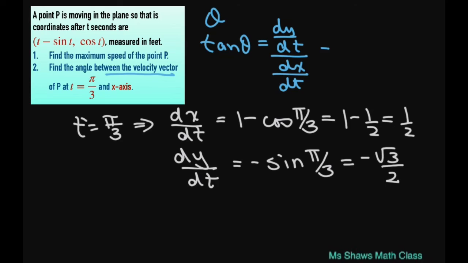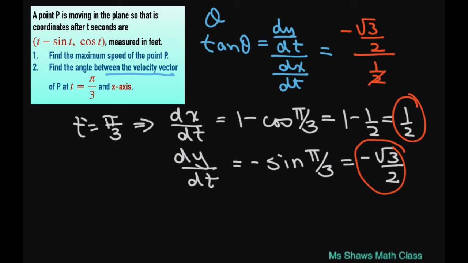Filling these in, the derivative of y is −√3/2, and our derivative of x with respect to t is 1/2. The 2's cancel, so we have tan θ equals −√3. That means our angle is going to equal −π/3.